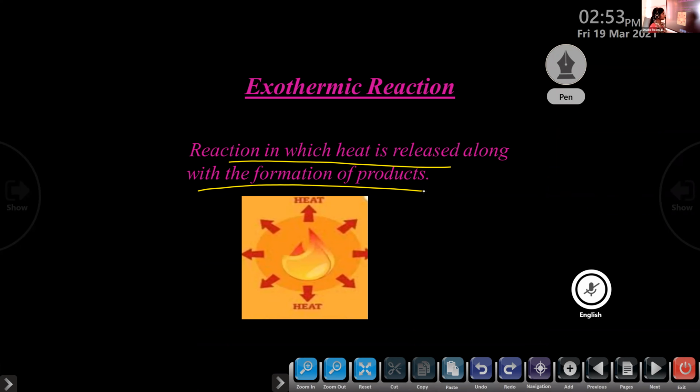So in this type of reactions, when we check the chemical equation, on the product side, sometimes energy or heat is written along with the products.